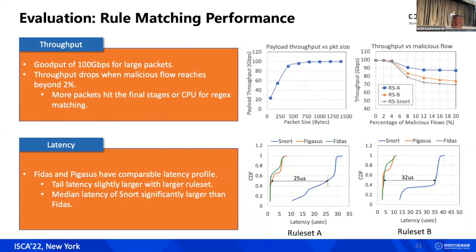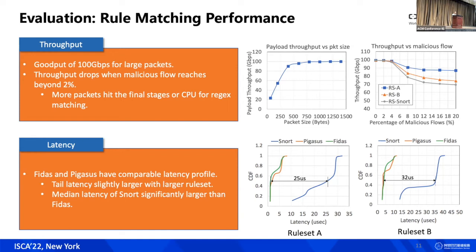So the results. Overall, as I said, the throughput of FIDAS will achieve about line rate, 100 gigabits per second. And when the flow contains about 2% malicious flows, the throughput will drop a little bit, because more of the packets will hit the final stage of the pattern matching engine and require the CPU for processing.